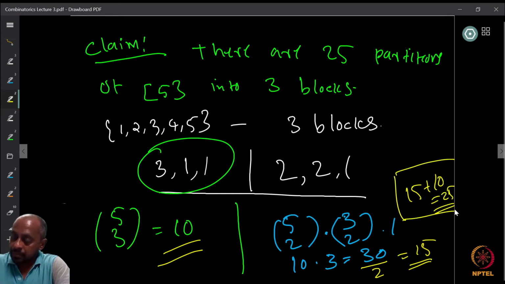Okay. So we need to be very careful when we do this kind of counting, because over counting must be avoided. Or if you do overcount, you have to find a suitable way to deal with that.